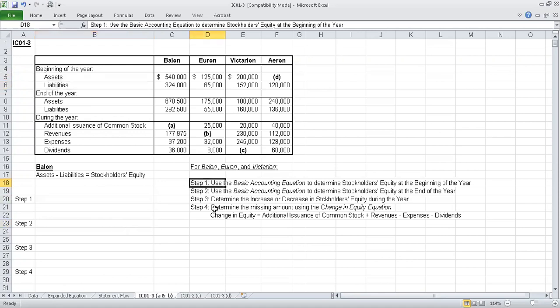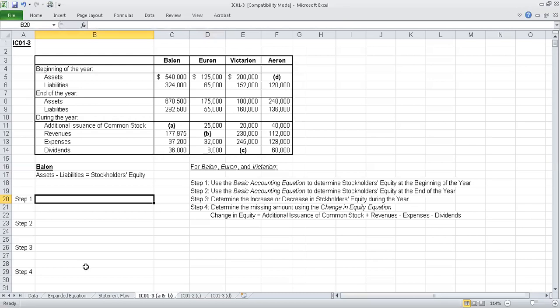So step one would be to figure out equity at the beginning of the year. We know that assets at the beginning of the year for Baylon are $540,000. And we know that liabilities are $324,000. So assets minus liabilities is going to be stockholders' equity at the beginning of the year.